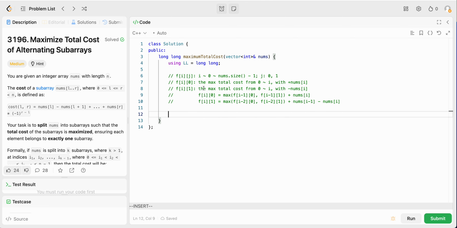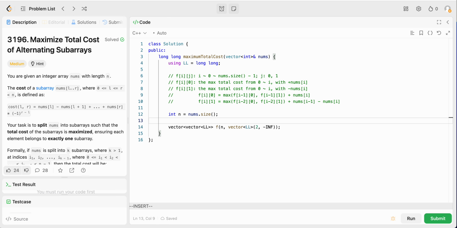Then I think that's it. We have the state definition and state conversion function, and we can write the code now. So we say n equals nums size. Then we define a vector of long, f, of size n, each a vector of long of size 2, initialized to a very large number.